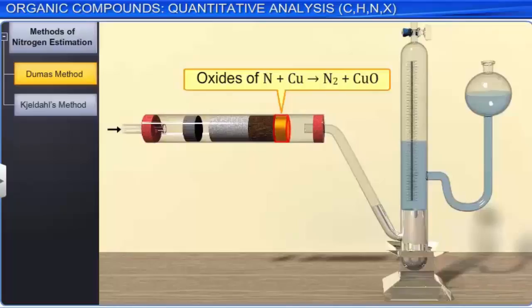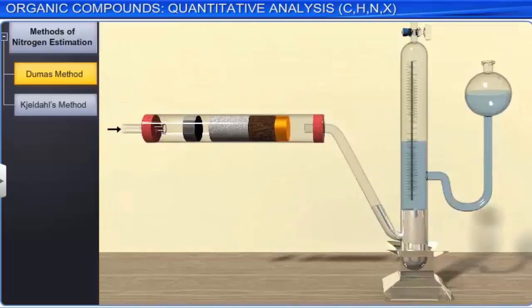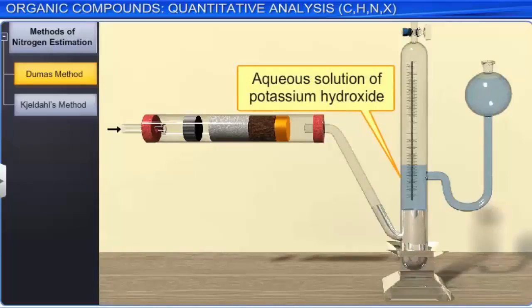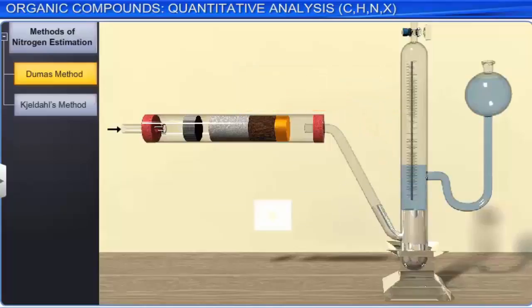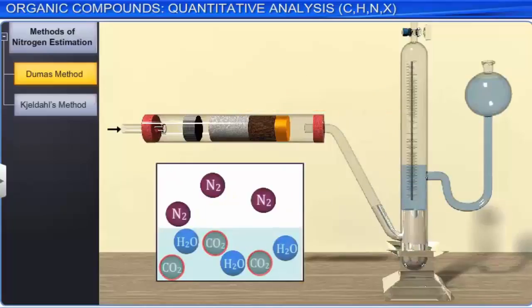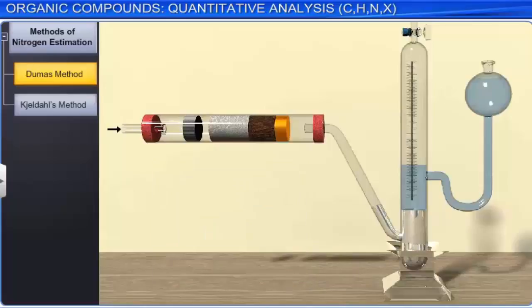The mixture produced, which contains carbon dioxide, water, and nitrogen, is collected over an aqueous solution of potassium hydroxide. This solution absorbs the carbon dioxide gas from the mixture, leaving nitrogen behind. This nitrogen is collected in the upper part of the graduated tube.